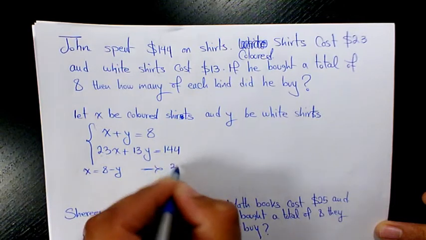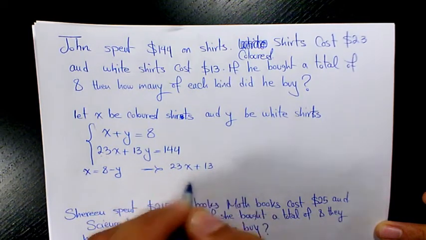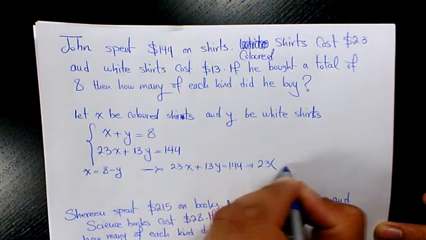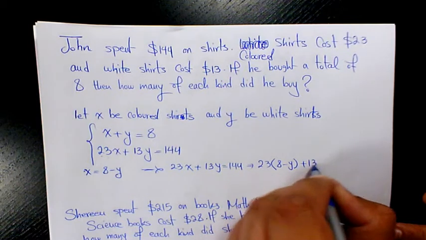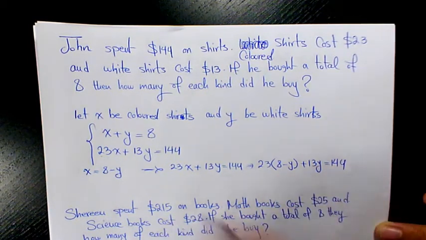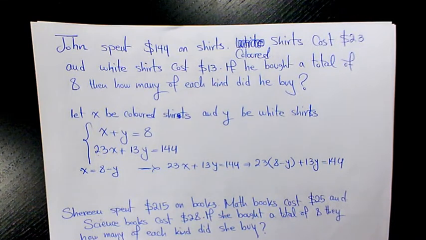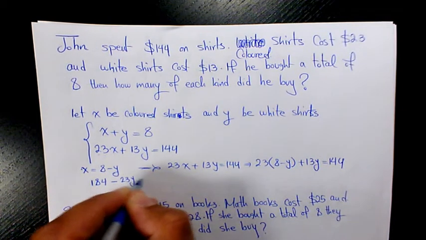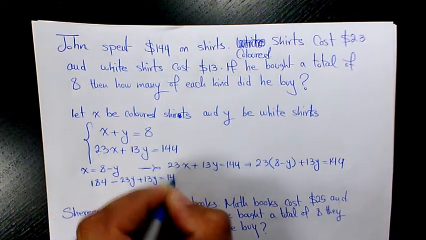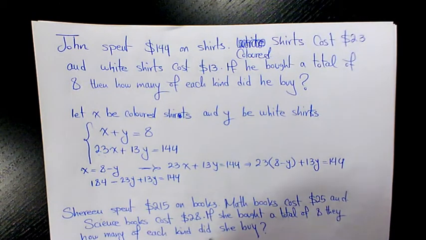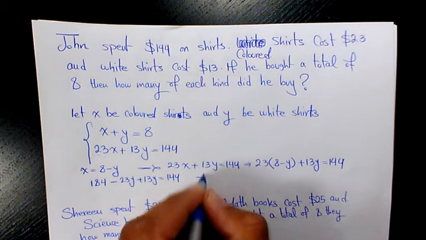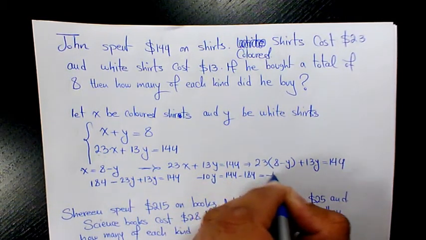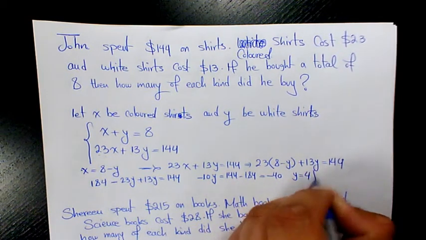Then 23x plus 13y equals 144 means 23 times (8 minus y) plus 13y equals 144. 23 times 8 is 184 minus 23y plus 13y equals 144. Then negative 10y equals 144 minus 184, which is negative 40. So y is 4.